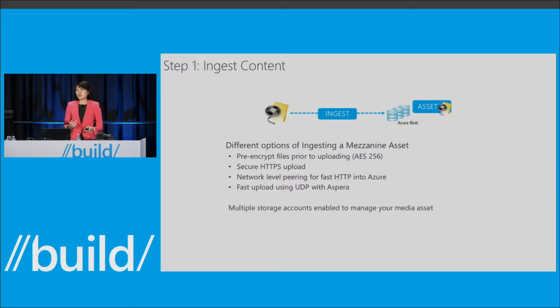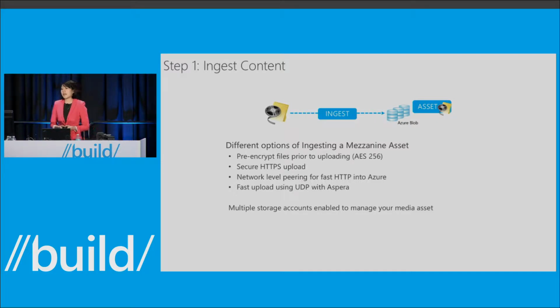We allow you to pre-encrypt the file before uploading using AES 256 through HTTPS, so the integrity of the file is protected during the transmission. And if you want something faster, we do have the option of HTTP upload, or even installing the Aspera client, that's our partner. You can do a UDP upload for your file.